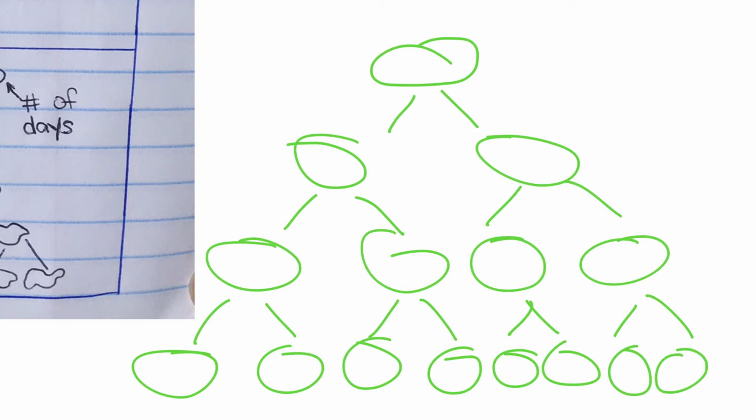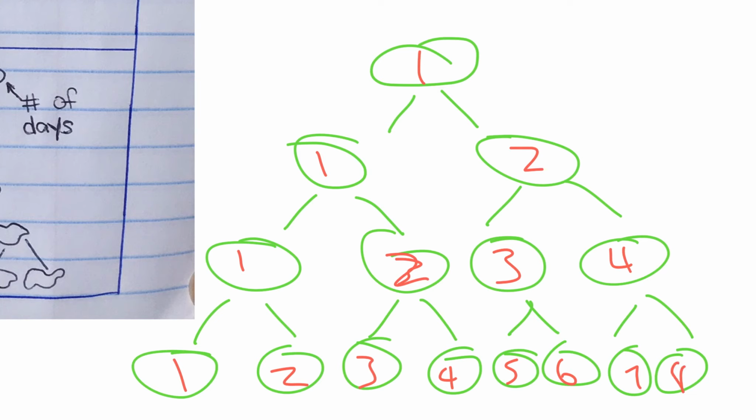Okay, so day 0, we start with 1 blob. But after the first day, it multiplies into 2 blobs. After the second day, it multiplies into 4 blobs. Okay, after the next day, those 4 multiply into 1, 2, 3, 4, 5, 6, 7, 8.